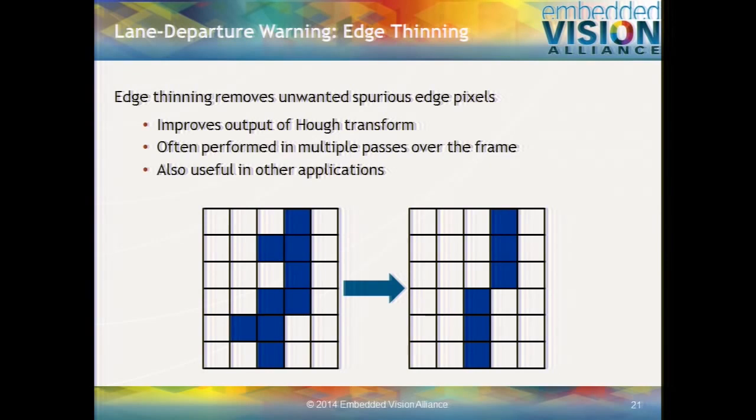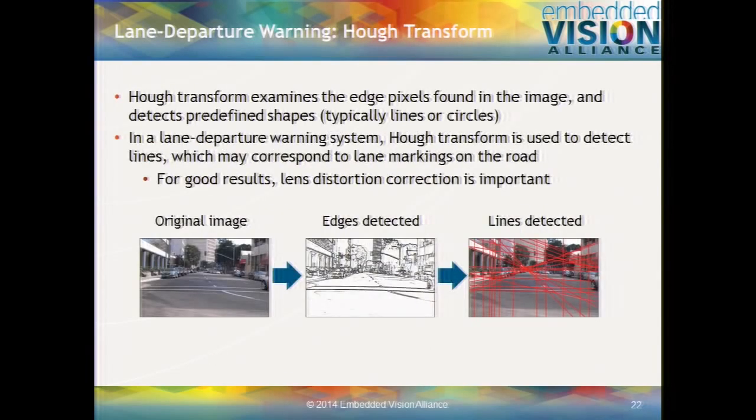Edge thinning is a kind of binary morphological operation, where we look at a local neighborhood of pixels and remove some that are unnecessary to the fundamental edge that we think we're looking at. So now we have a cleaned up edge image.